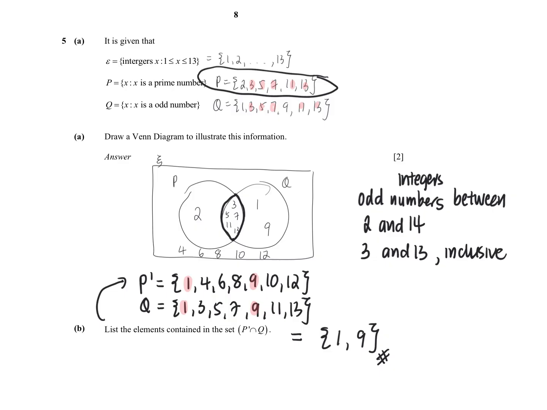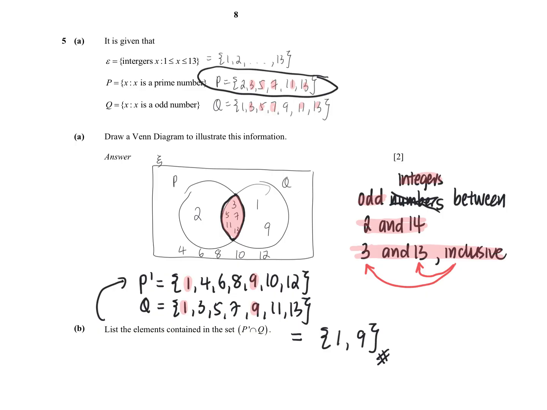If you never include the word inclusive, then I will exclude 3 and 13. So don't say it's just odd numbers. There's many odd numbers. Between what and what? So these 3, 5, 7, 11, 13 are all the odd integers that are between 2 to 14, or you can tell me 3 to 13 inclusive. Inclusive means it includes the 3 and it includes the 13. So you must be accurate in your description.